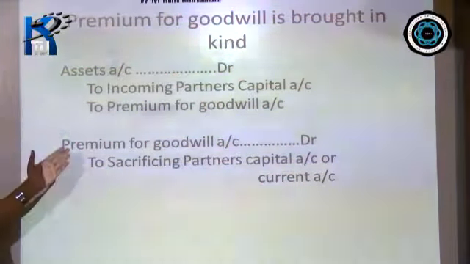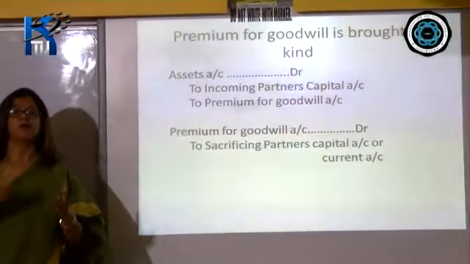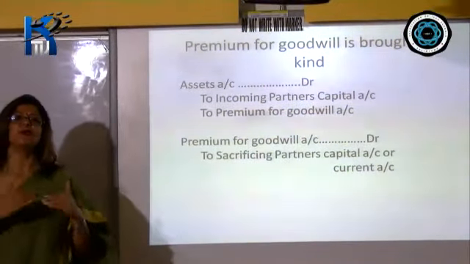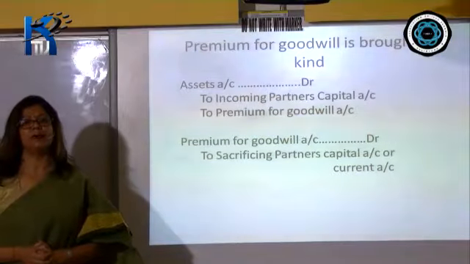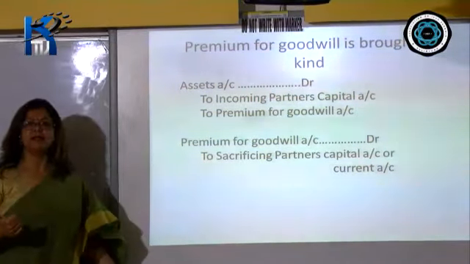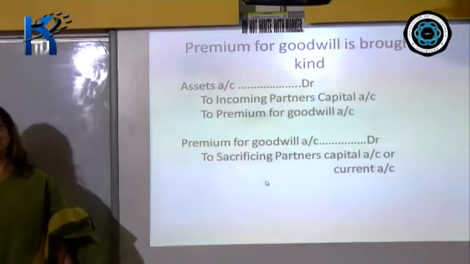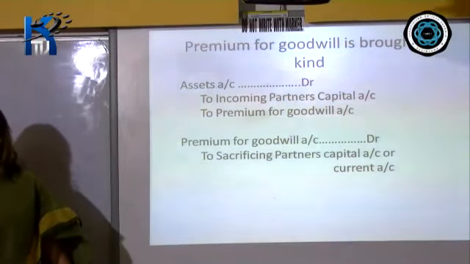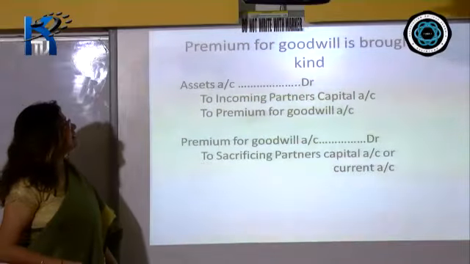And the premium will be distributed amongst the old partners in their sacrificing ratio. Now this is a common entry for all the slides because whatever is brought in by the new partner is distributed amongst the old partners in their sacrificing ratio. If only one partner has sacrificed, in that case, only one partner gets the complete amount of goodwill. Let us see the next slide.